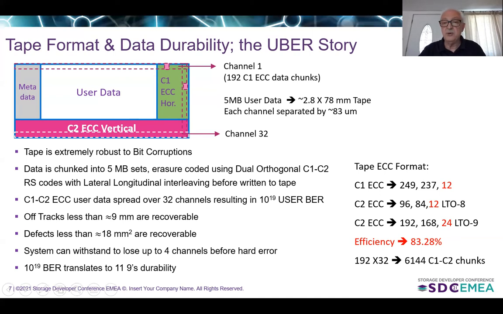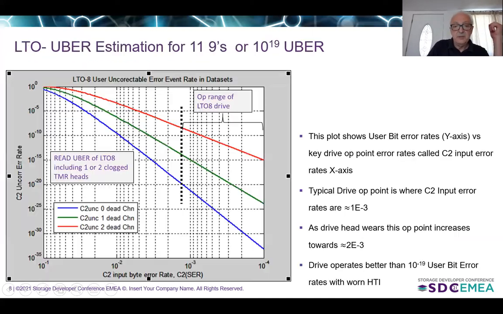with 11/9 durability. So now the calculation of 11/9 durability is explained in this chart. You can probably see this chart in various technology publications, but it basically describes how the tape format is used mathematically to calculate the C2 or user bit error rate.